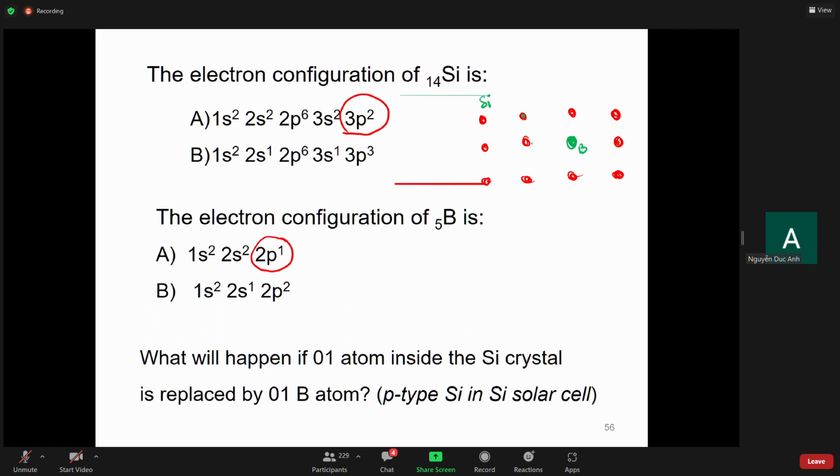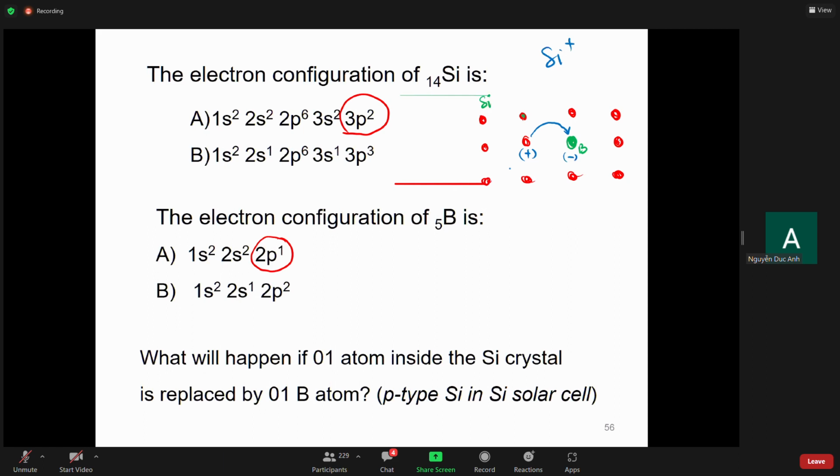So one electron from silicon prefers to move into boron. In that case, the silicon now lacks 1 electron and becomes silicon plus. This one contains a positive charge, and this one contains a negative charge.